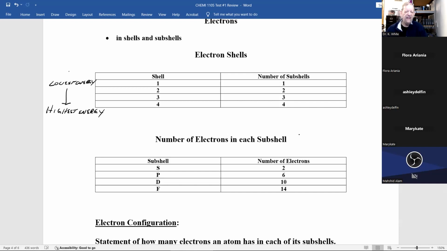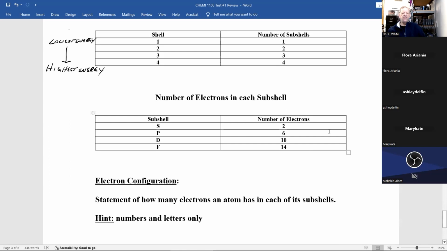Now, the subshells are given letters, s, p, d, and f, and I talked about what that stands for, but you don't have to know. But you do have to understand this table. It will be given to you on test number 1. And here, I really should have changed this to the maximum number of electrons instead of number of electrons.